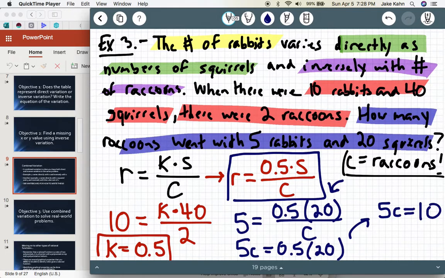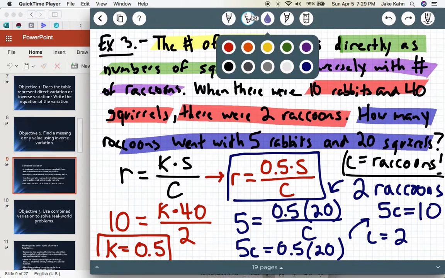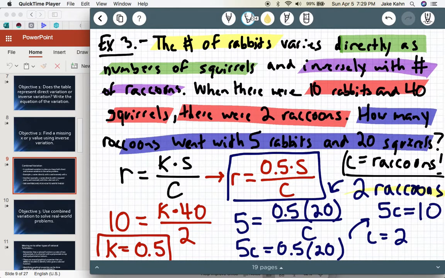And then divide by 5 on both sides, we get c equals 2, which means I had just enough room. But the answer to that question will be 2 raccoons. There were 2 raccoons when there were 5 rabbits and 20 squirrels.